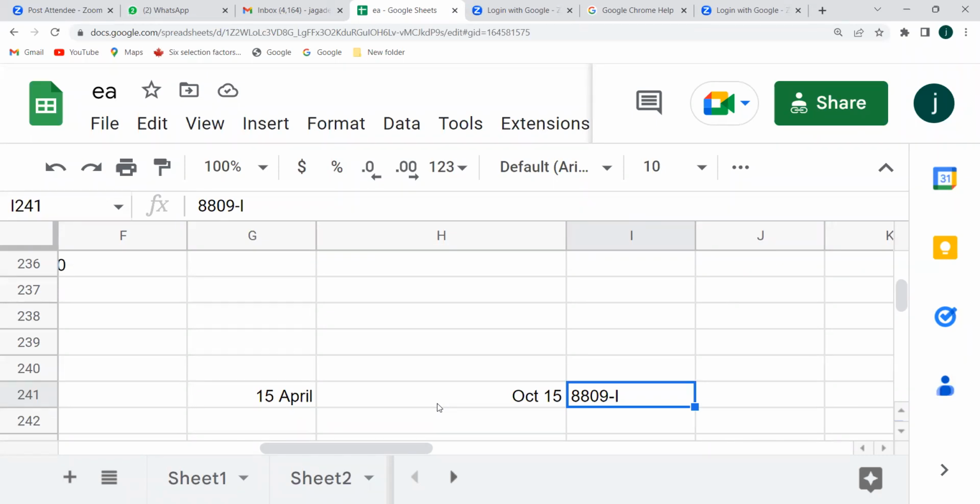Clear? Any doubts? Is there any extension form for FBAR? No. For FATCA? Yes. The form number is 8809-I. What is the form for the change in accounting method? 3115.